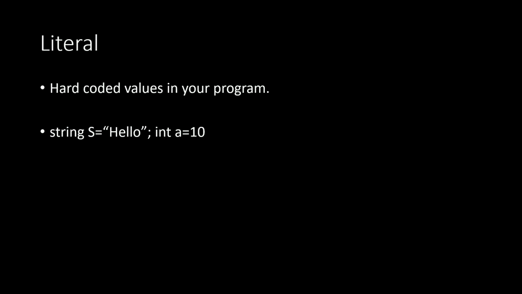If you have a string S where you stored the value hello, then hello is the literal that you are using in your program. If you declare an integer variable a and store the value 10 into a, then 10 is the literal in your program. So if I mention literal sometime in the future, just know that I'm talking about the hard-coded values in your program.